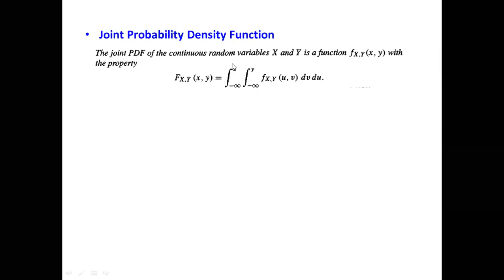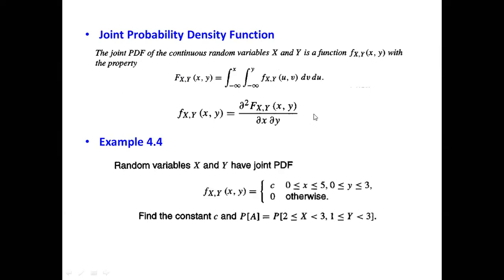So the joint PDF can be found out from the differentiation of CDF, or the CDF can be found out from the integration of the PDF. Okay, so the joint PDF or joint CDF can be found out from one another by using differentiation or integration. Let's see one example, 4.4, how it works.